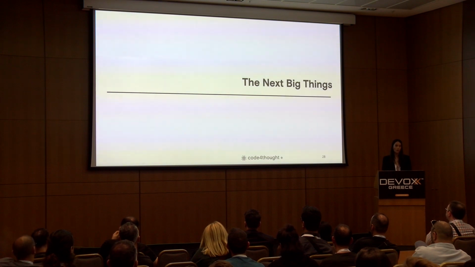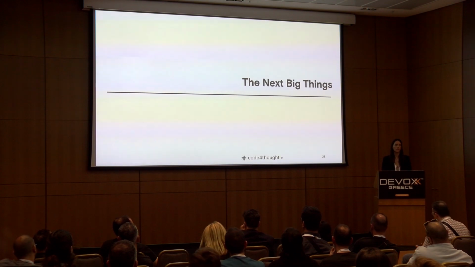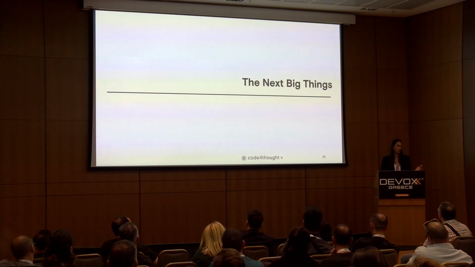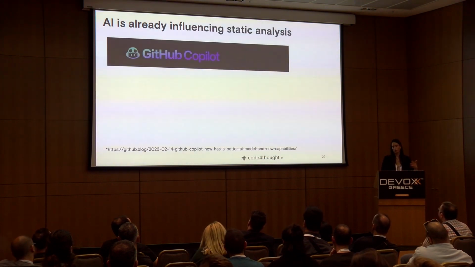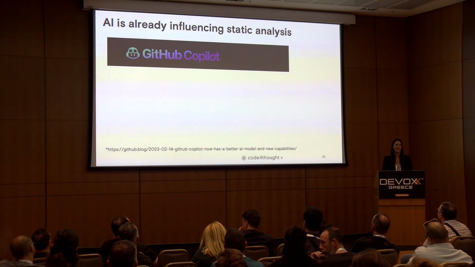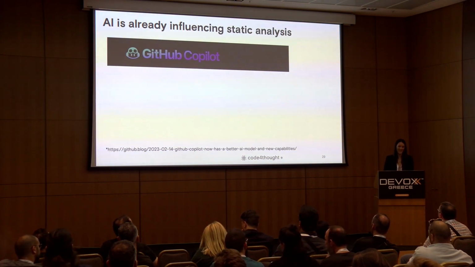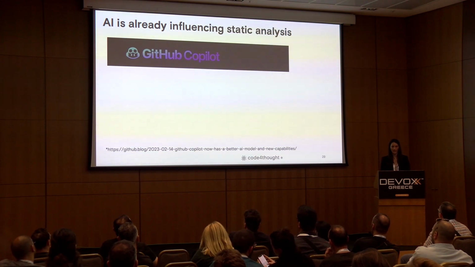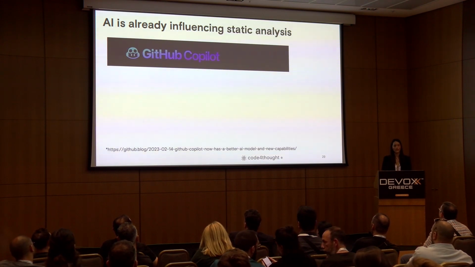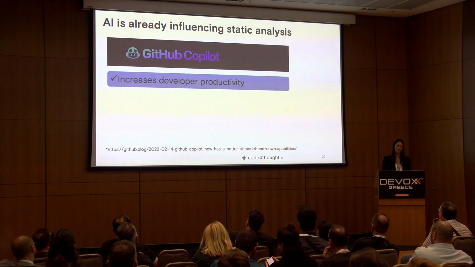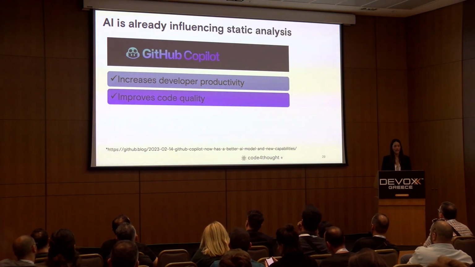But let's see now what are the next big things on SAST tools, because these are tools that are evolving along with what is happening around at this period of time. AI is already influencing static analysis. For example, GitHub Copilot, we all know that it has increased developers' productivity, and it has also improved the code quality produced.